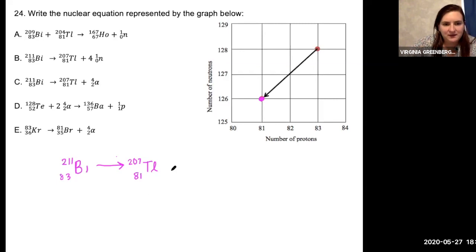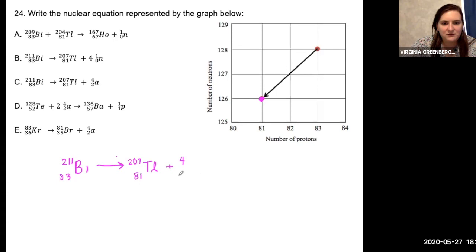Okay, and so then, we can think what process must have happened to make this change. And so we know we need our numbers on top here to be equal to our numbers on top here. So we would need to have a 4 on top to make this also add up to 211.